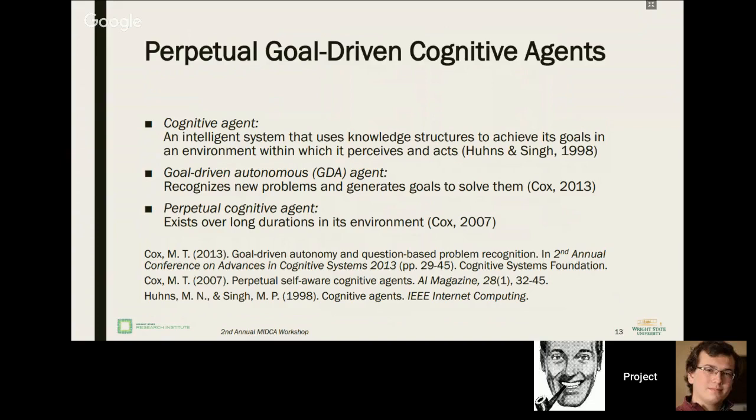There are some citations here that can point you to more about that commitment. But perpetual simply means agents that exist over long durations. The ideal would be to turn on the robot and have MIDCA use it for a month. John Laird wanted to have a SOAR agent that had a memory of behavior over a year.